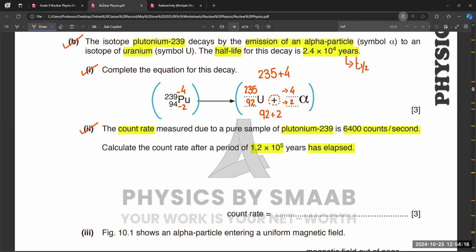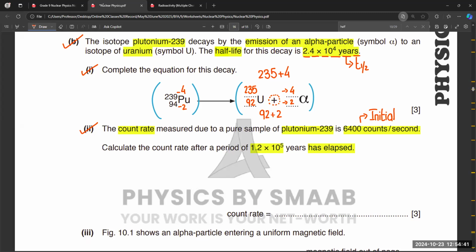In the previous part, you observe half-life is given, right? The value of the half-life is 2.4 exponent 4. And this is our initial value. So initial value is 6,400 counts per second.